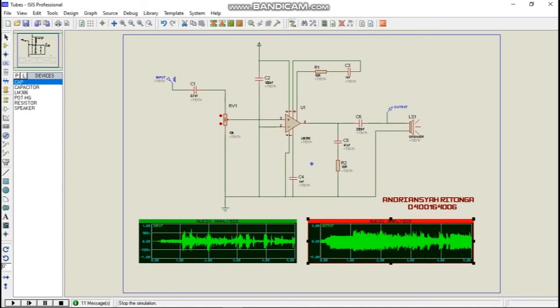I think the sound is normal, but I think the graph from output and input is not the same, and the output, I think, the bass is high and treble is high. Also the output is, I think, fairly normal.